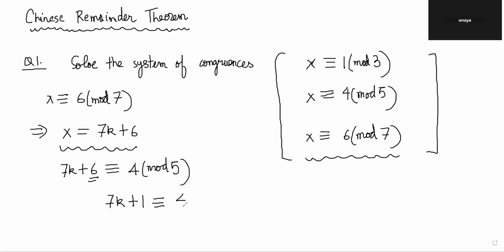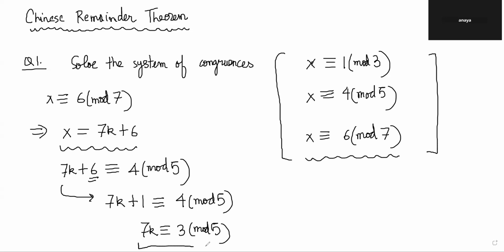So this will be 4 mod 5, 7k plus 1, this is same as this, right? So 7k will be congruent to 3 mod 5. We want to say what is k? K is congruent to what mod 5? That's what we want to say, right?